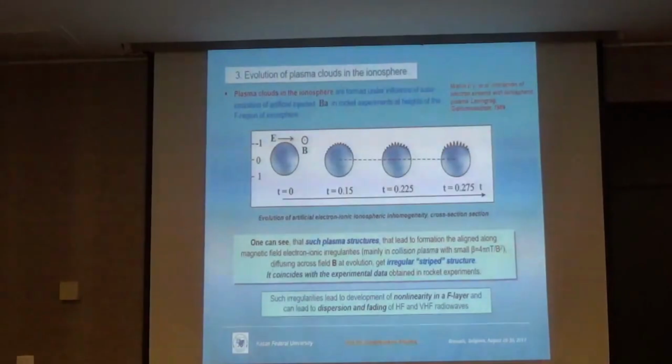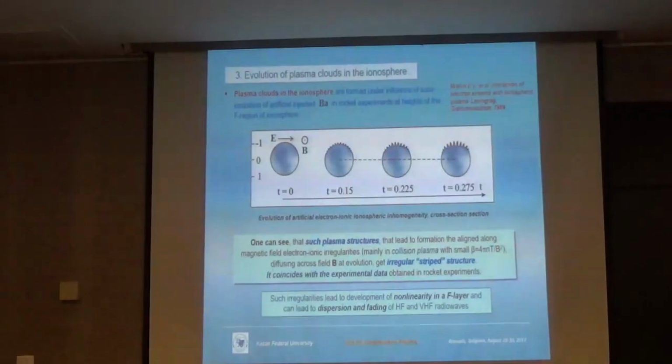cross-section of this inhomogeneity. One can see that such plasma structures lead to formation of electron-ionic irregularities that lie along magnetic field, mainly in collision plasma with small parameter b. Diffusing across magnetic field at evolution, they get irregular stream structure.